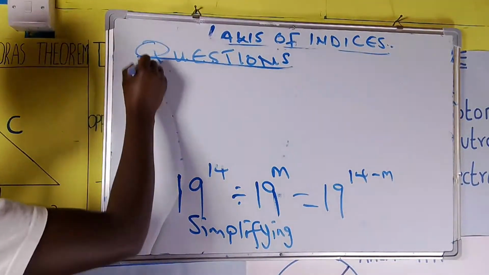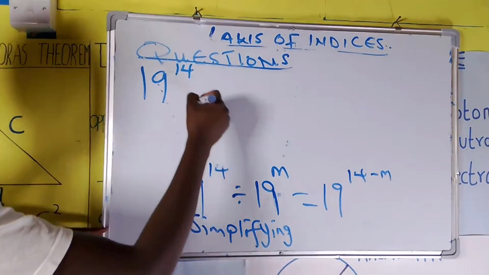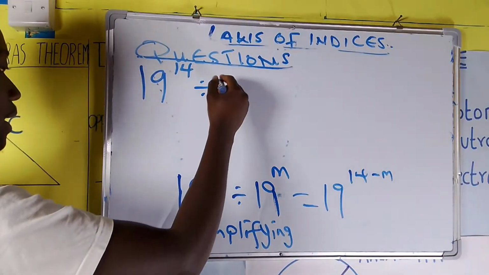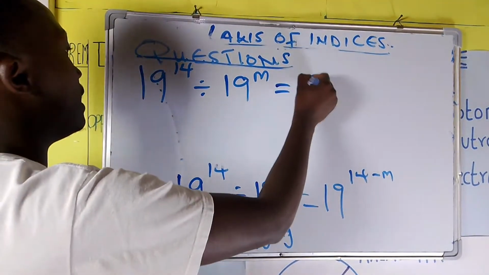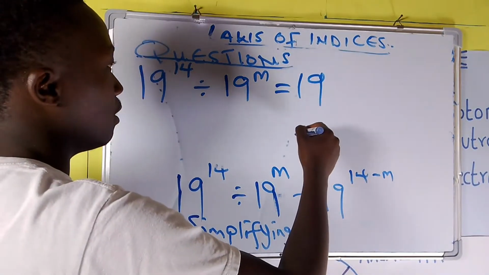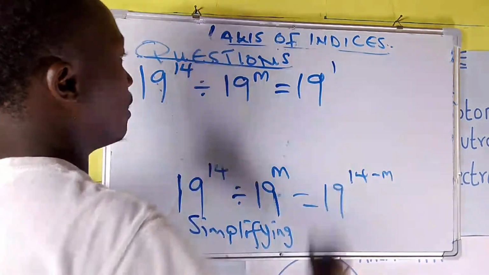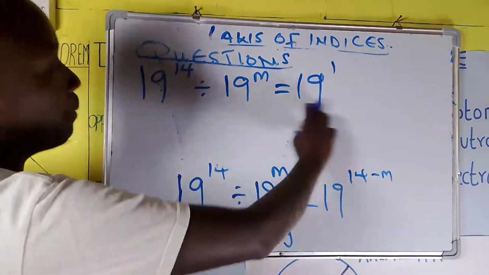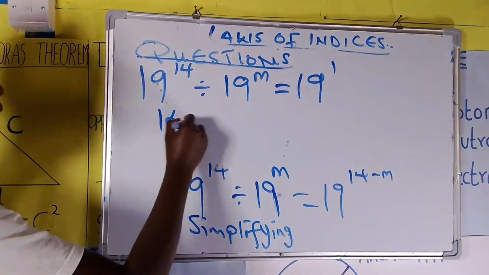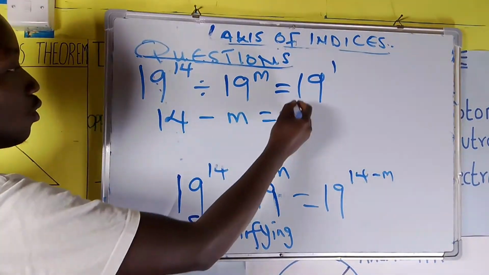If our question was like 19 to power 14 divided by 19 to power m is equal to 19 to power 1, in that case we would have dropped the base 19, and got 14 minus m is equal to 1.